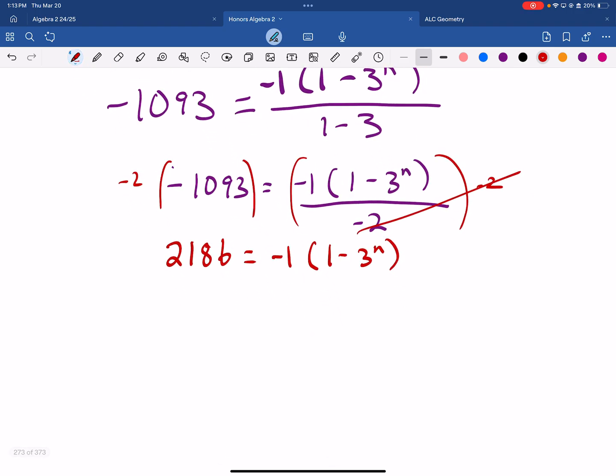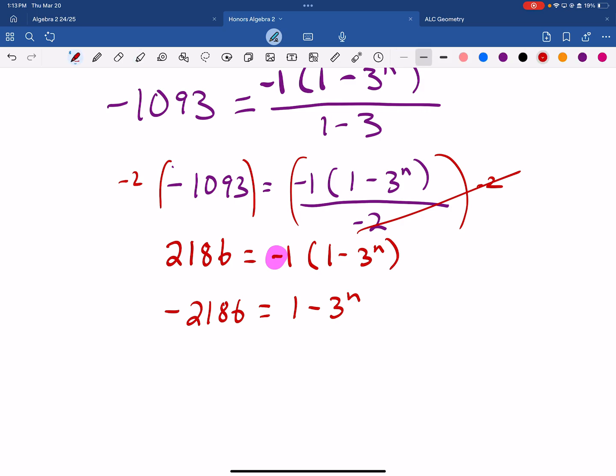Good so far? Now I've got this negative, so I'm going to divide by a negative or just switch signs. So we've got negative 2,186 is equal to 1 minus 3 to the n. And again, this is negative, so essentially we're dividing everything by negative 1.